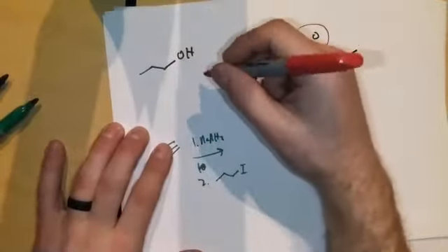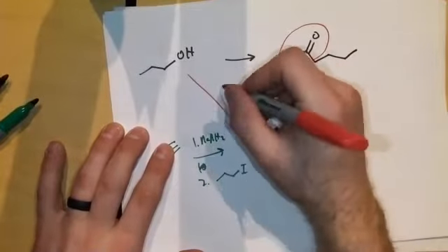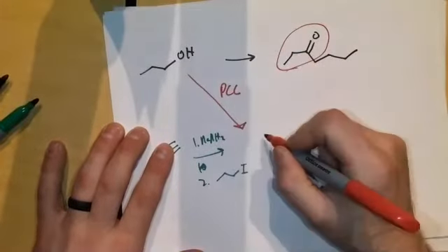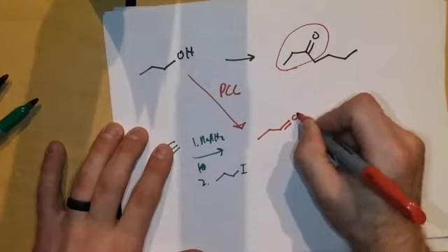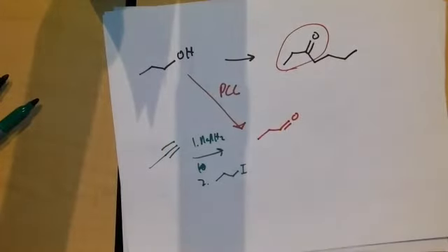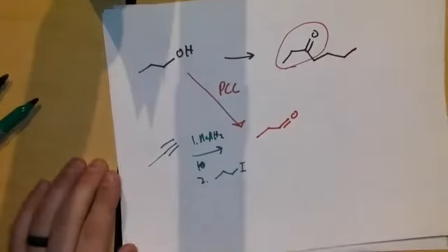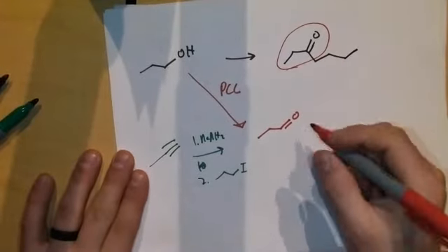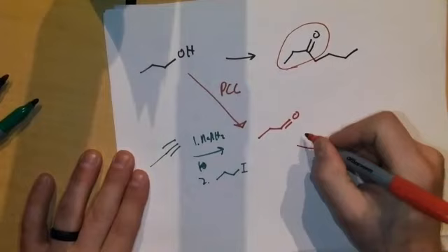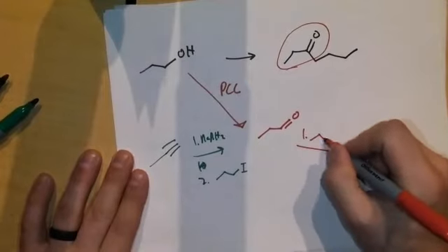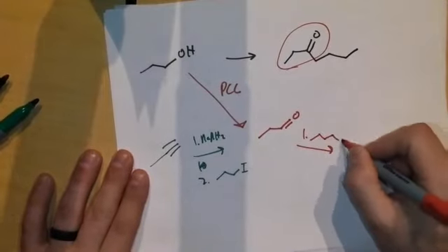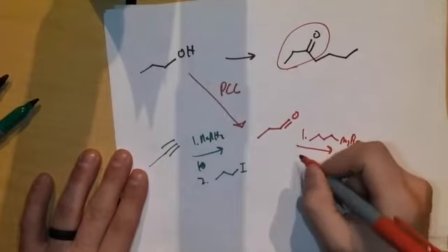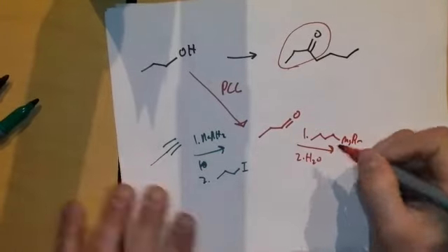So if I take this and I throw in PCC, I can get to here. And this really sets me up nicely to make this. So I need a Grignard with 1, 2, 3, 4 carbons on it. 1, 2, 3, 4, MgBr in water.